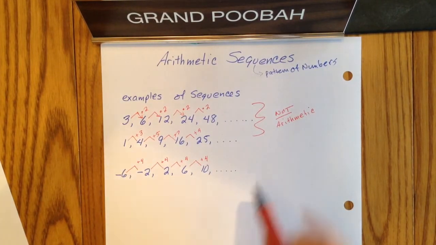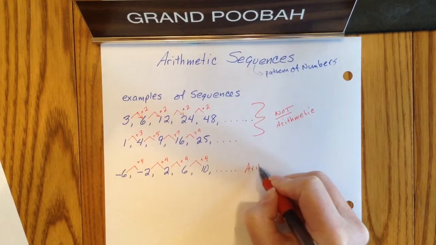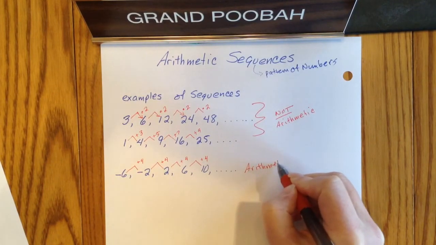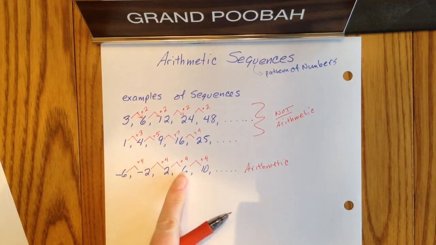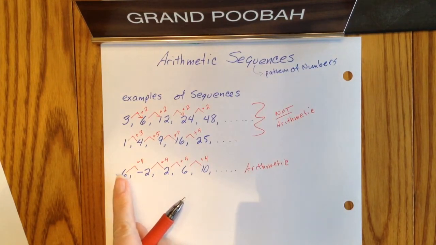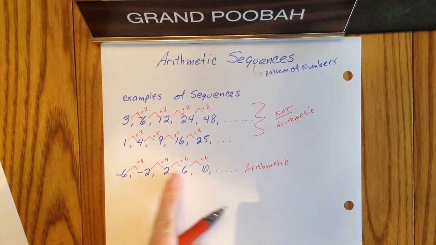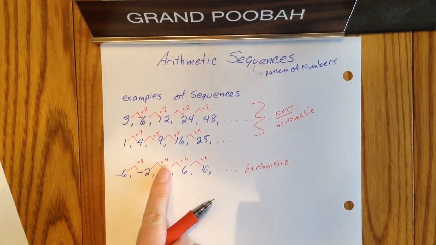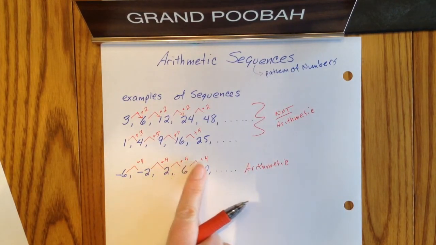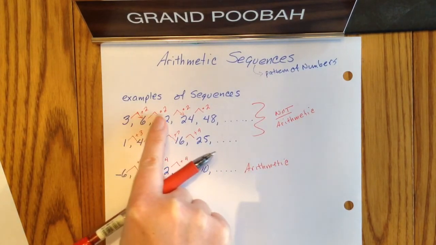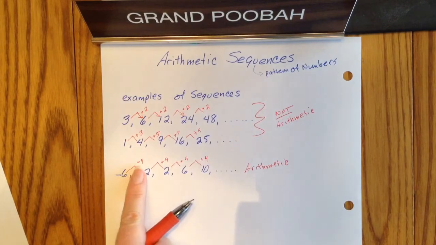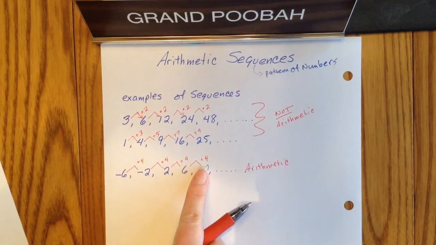You become an arithmetic sequence if to get from one number to the next, and we call these terms, to get from one term to the next, you always add the same number. Not adding different numbers, not multiplying, adding the same number.